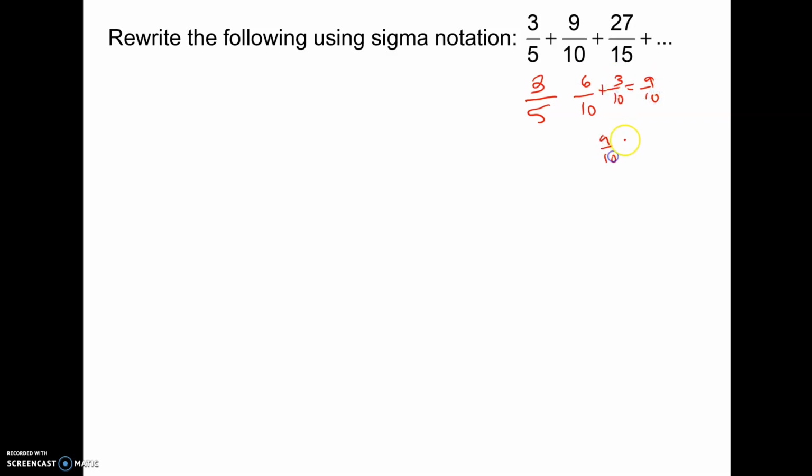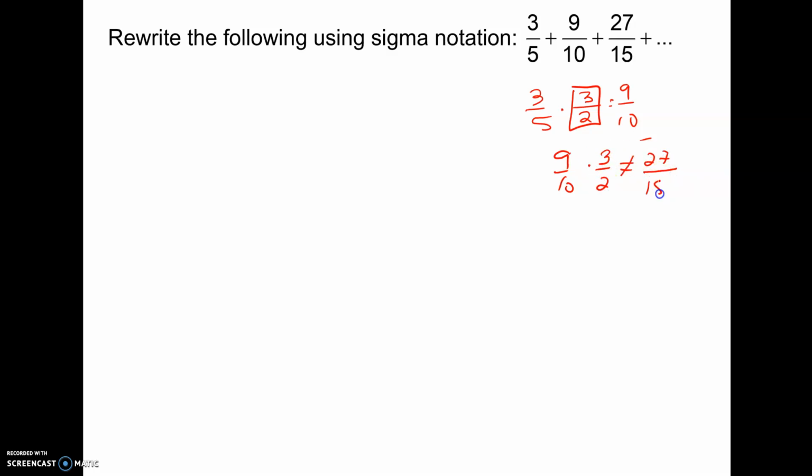Well, if I take 9/10 and I add 3/10, I most definitely don't get 27 over 15. Okay, and this is not geometric either. Because if this were geometric, what would I have to multiply 3/5 by to get 9/10? Well, I'd have to multiply the top by 3 and the bottom by 2. But if I take 9/10 and I multiply by 3 over 2, I do not get 27 over 15.